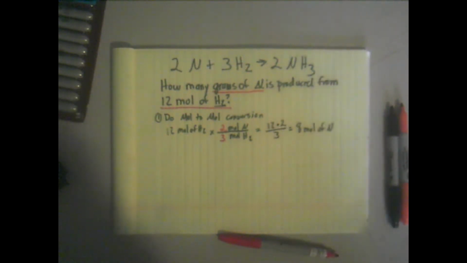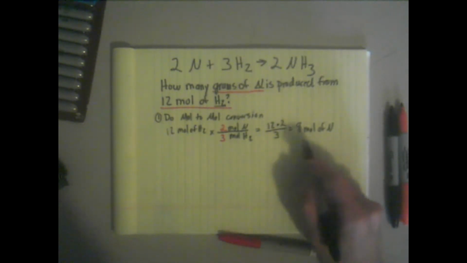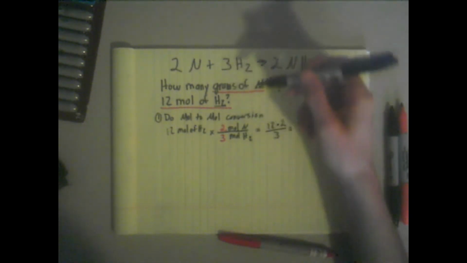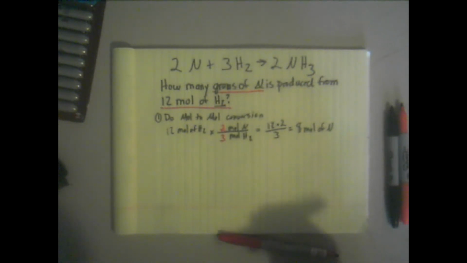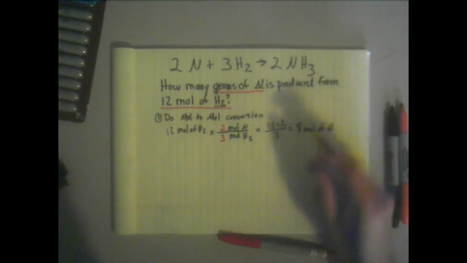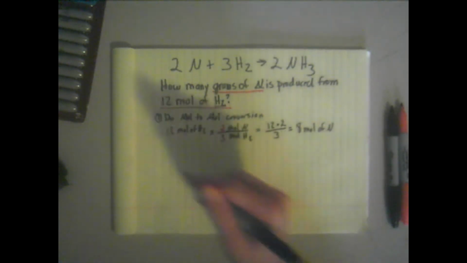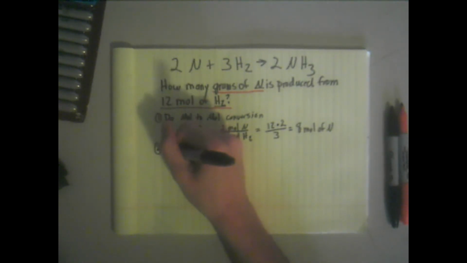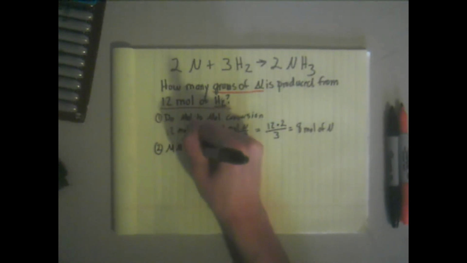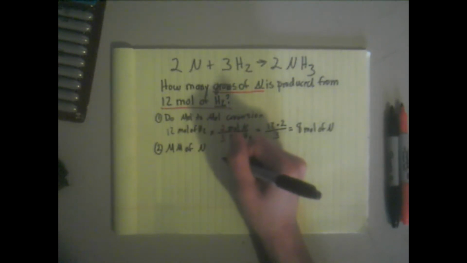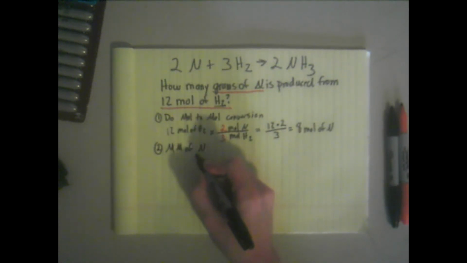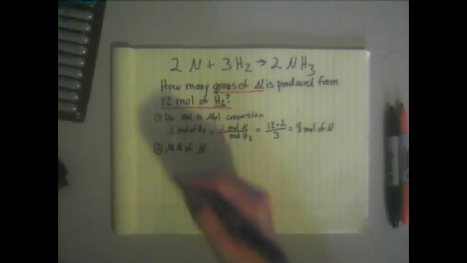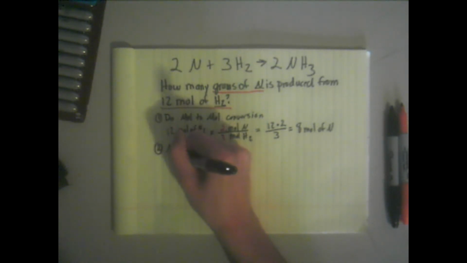of nitrogen being produced. Now are we done by just knowing that we got to moles of nitrogen? No, because we're asking how many grams of nitrogen is being produced. So when we're asking how many grams of nitrogen, we need to do the next step. Part 2 is find the molar mass of nitrogen, which, if you look on the periodic table, the atomic weight for nitrogen is going to be 14.